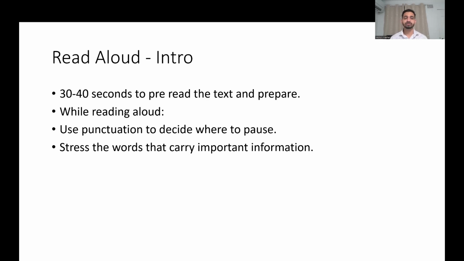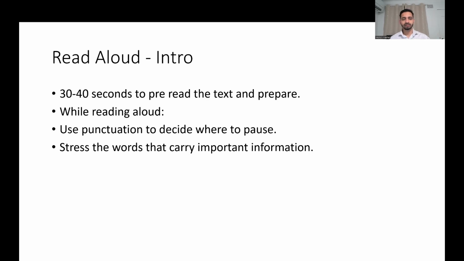In read aloud, you get about 30 to 40 seconds to read a text, which is about one paragraph long. You read it silently first and prepare, and then you read aloud in an additional 30 to 40 seconds once the recording starts recording your response.